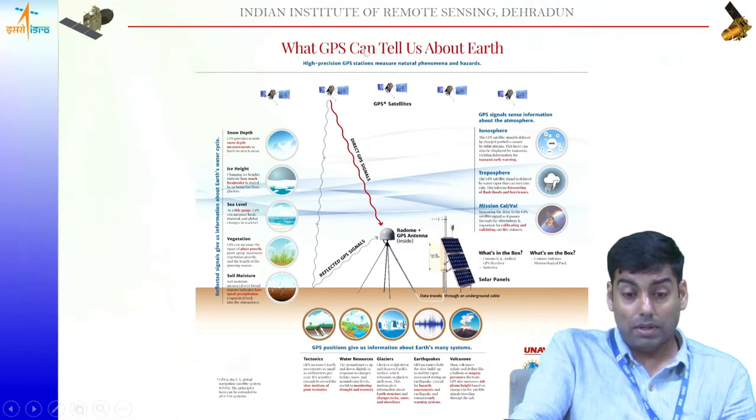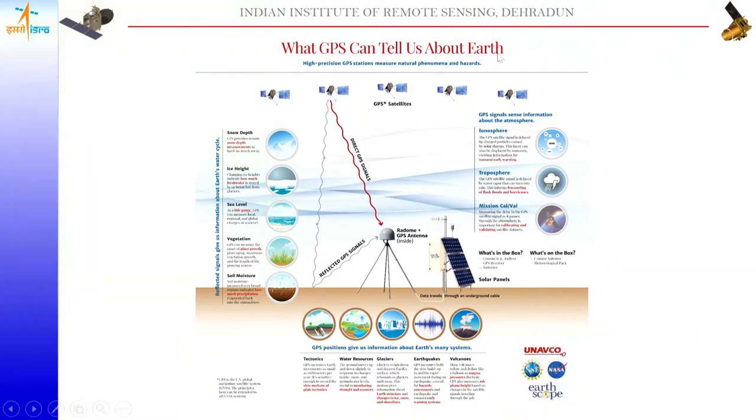Then what can GPS tell us about Earth? You see the snow depth. Nowadays people are working on measuring snow depth using GNSS signals, in hard to reach areas, because it is very hard to reach these areas.